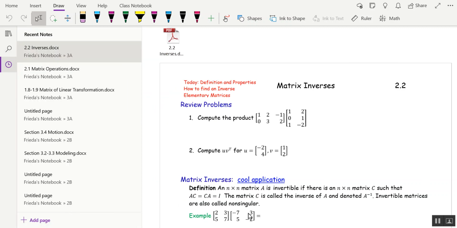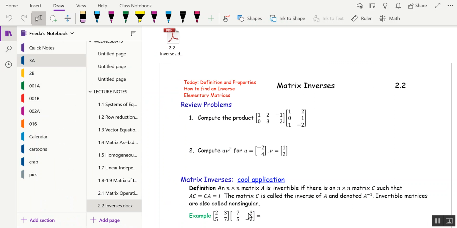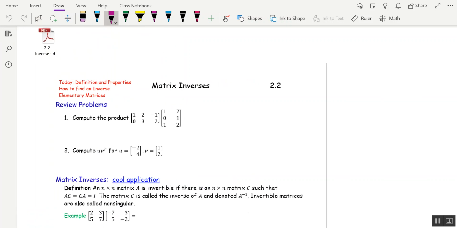So why don't you pause the video and do numbers 1 and 2, compute these two products. Okay, so this is a 2 by 3, and this is a 3 by 2, so we're going to end up with a 2 by 2. I always like to know my dimensions before I start.